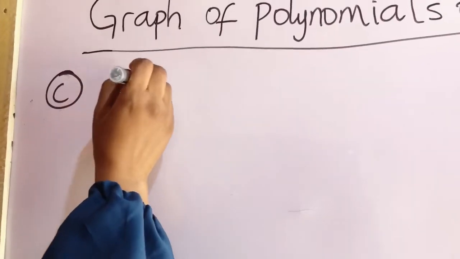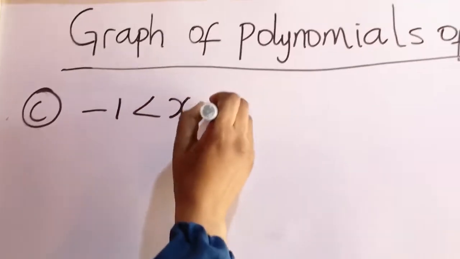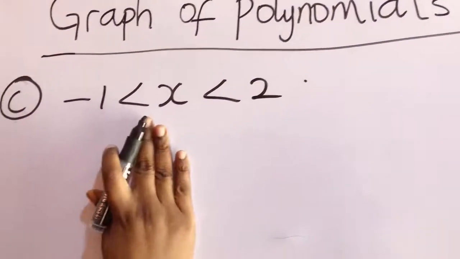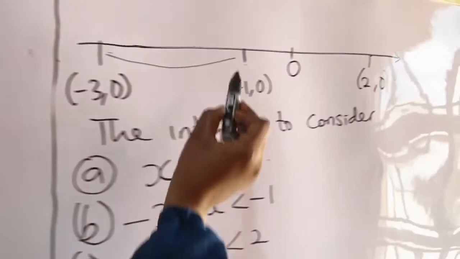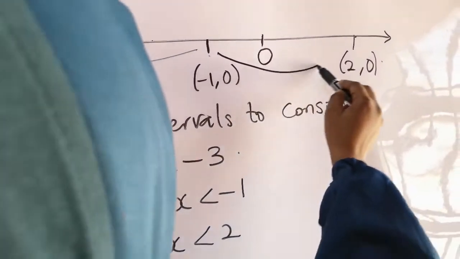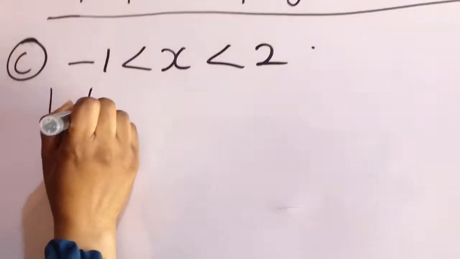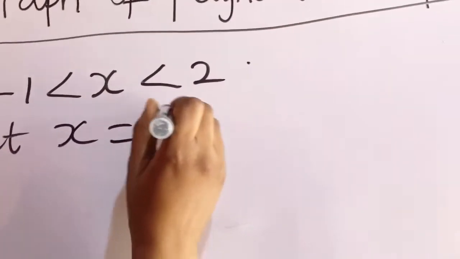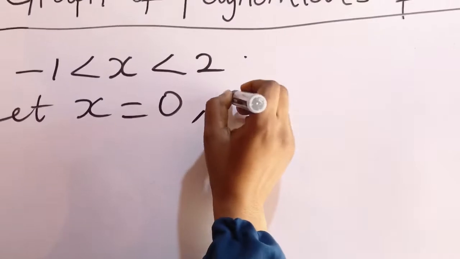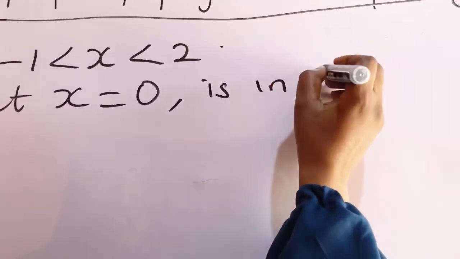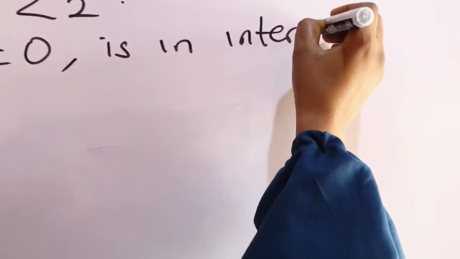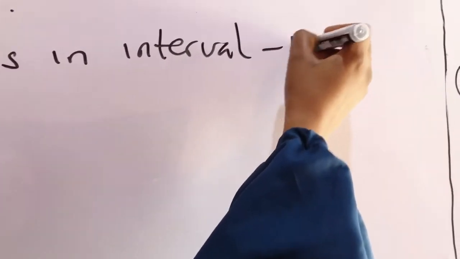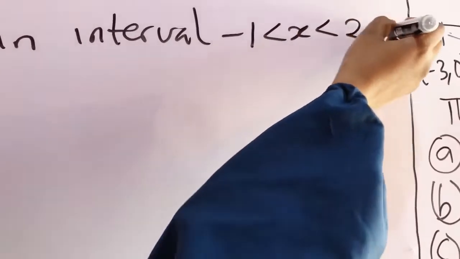That is minus 1 less than x less than 2. So let's take any number in between minus 1 and 2. So let's take 0. So let x be equal to 0. You know that this x equal to 0 is in the interval minus 1 less than x less than 2.